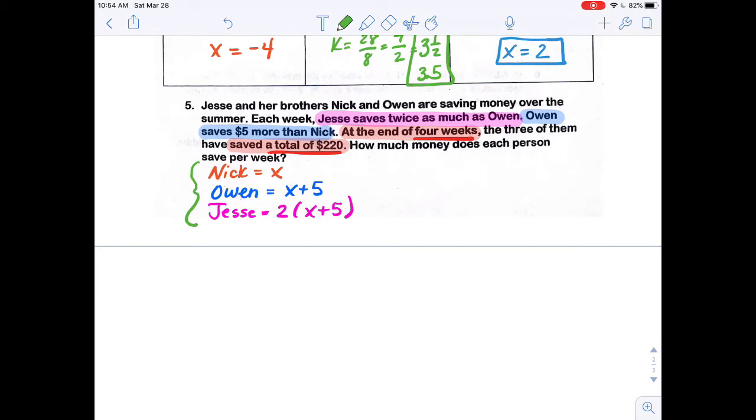So you're going to have to take each one and multiply that by 4 for the 4 weeks. So 4 weeks for Nick, plus 4 weeks for Owen, plus 4 weeks for Jesse, and then I get that $220.